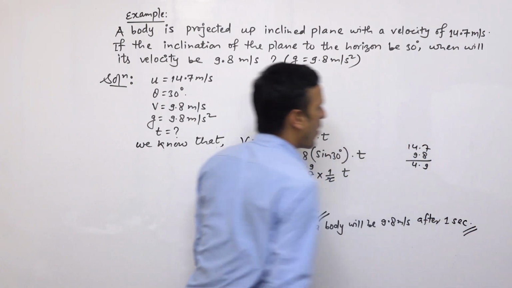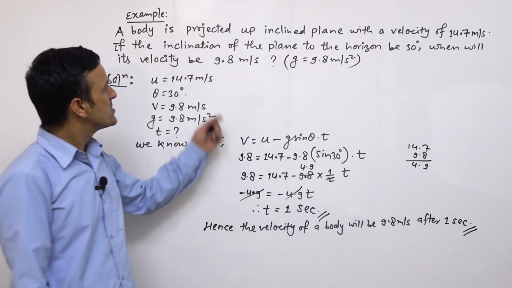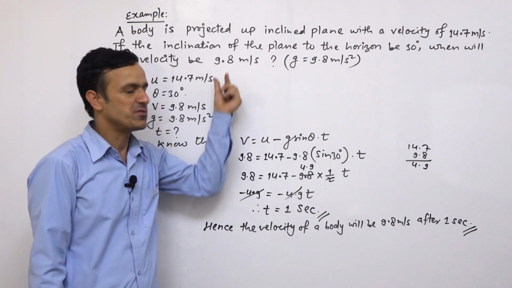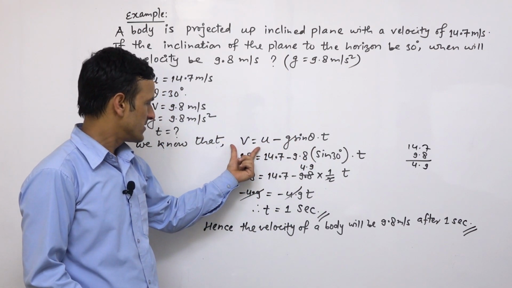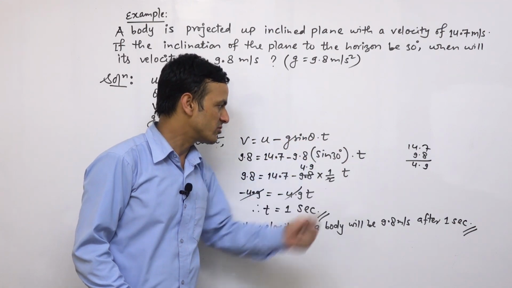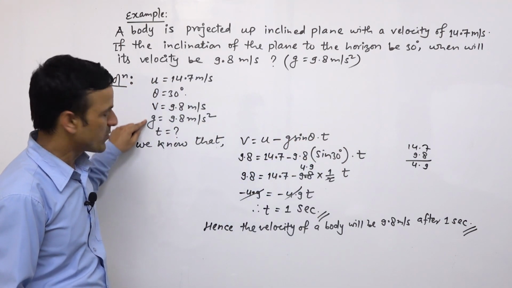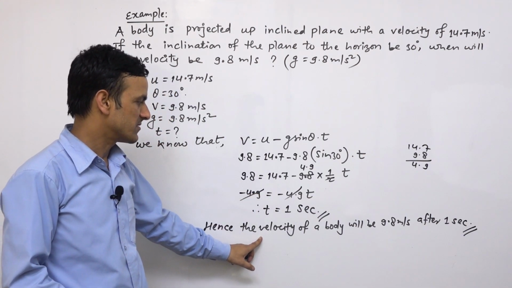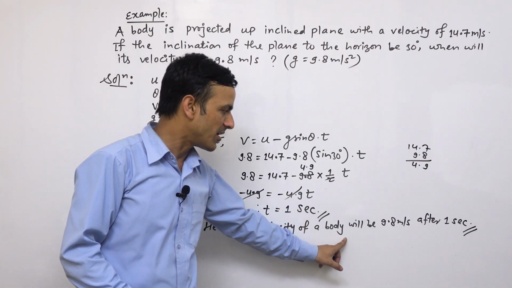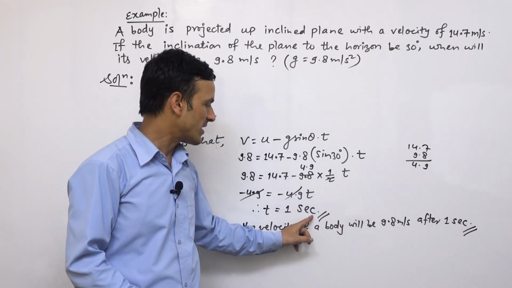So this is the required condition to become the velocity 9.8 meter per second. So in this way, we can use this formula, V is equal to U minus G sin theta into T, according to the provided information. So this is the solution of the particle velocity of the body after 1 second. So required time is 1 second.